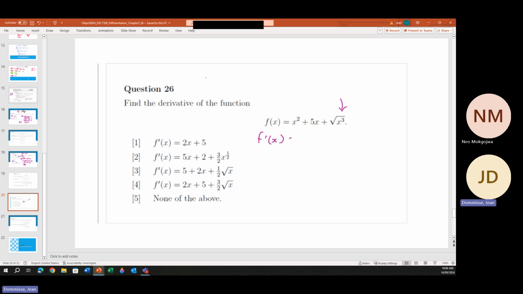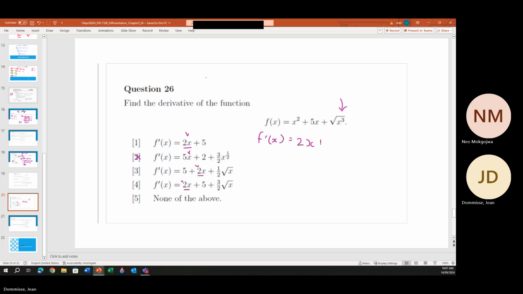So the first one is normally the easy one. The 2 goes into the front. Times x to the power of 2 minus 1, so it's just x to the power of 1. So let's look at options. So 2x, that's correct. 5x, no. 2x, yes. 2x, yes. So we're still sitting with 3 options.